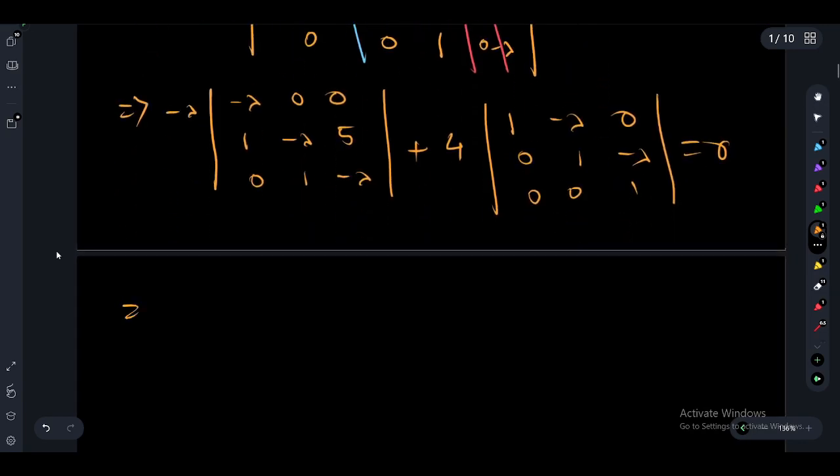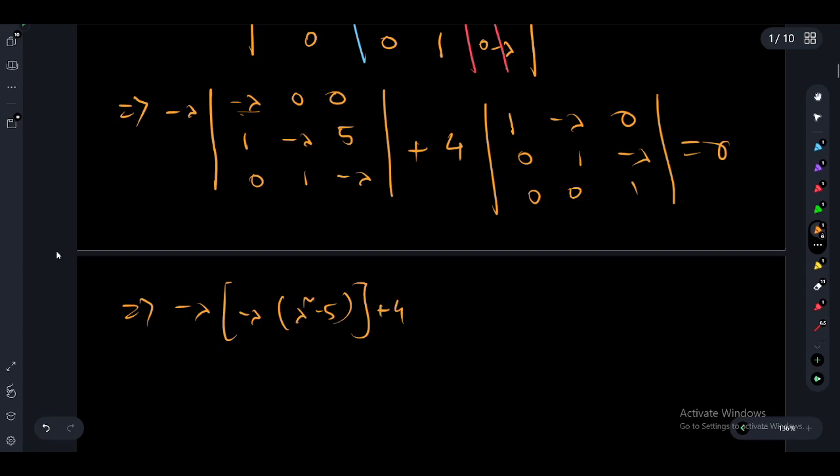Now this implies minus lambda into, if we expand this determinant using the first row, we have minus lambda into lambda square minus 5, and this is plus 4.